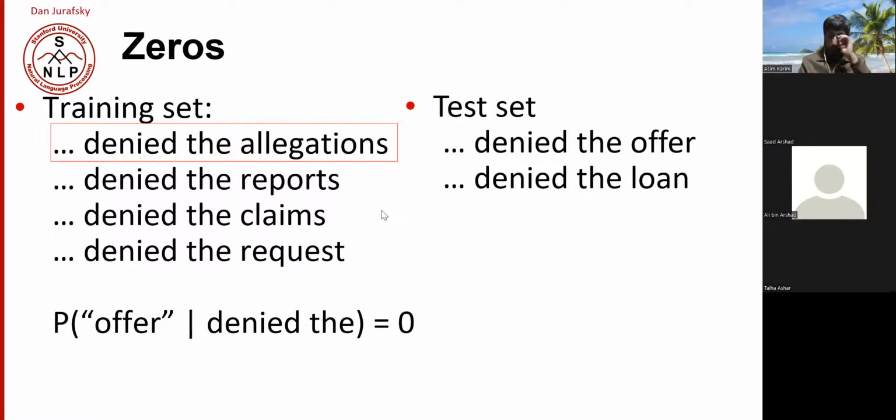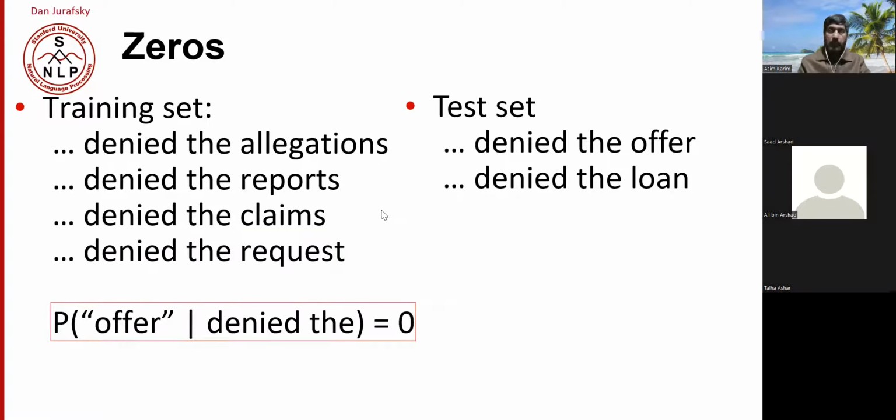So this is just a simple example here. Let's say you have a training set with several similar phrases: denied the allegation, denied the report, denied the claim, denied the request.